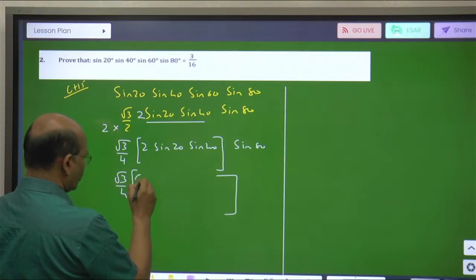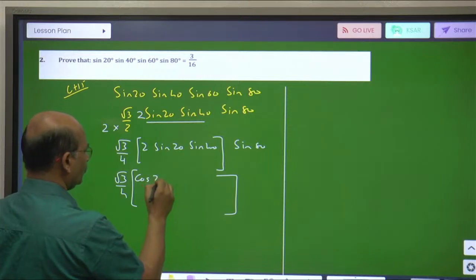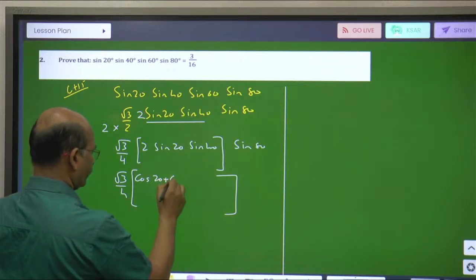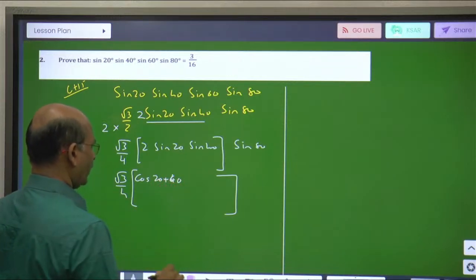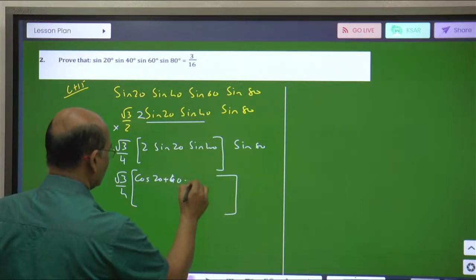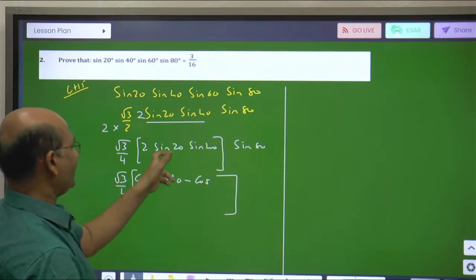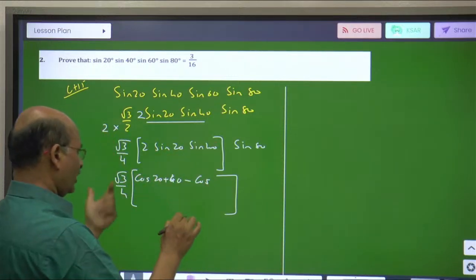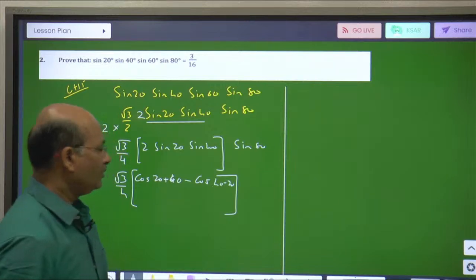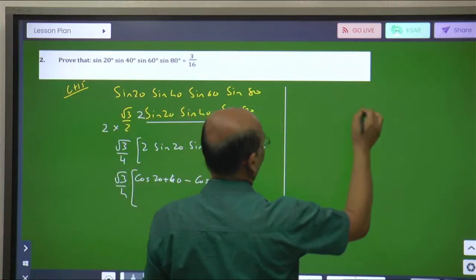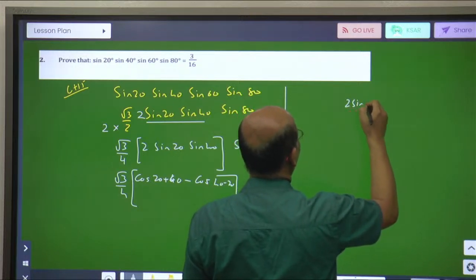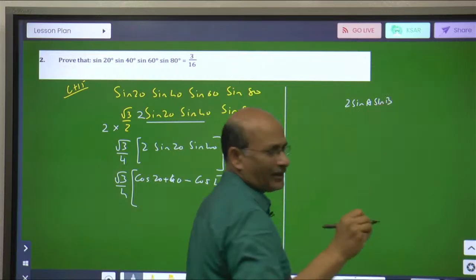Okay, let us do cos of C plus D by 2. And if you want, cos C plus D minus cos D minus C. Remember, the other way round, I am not taking the minus sign: 40 minus 20. See, I am just writing the formula here. 2 sine A sine B, there are many ways to do it.